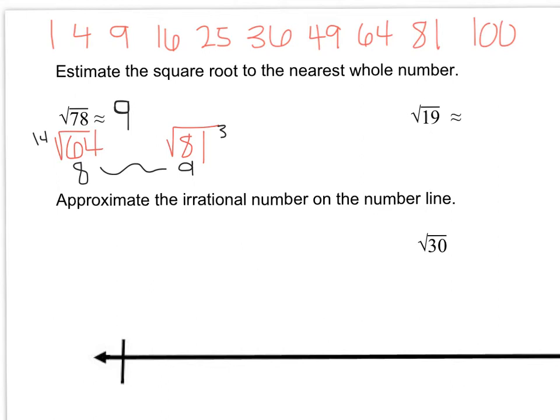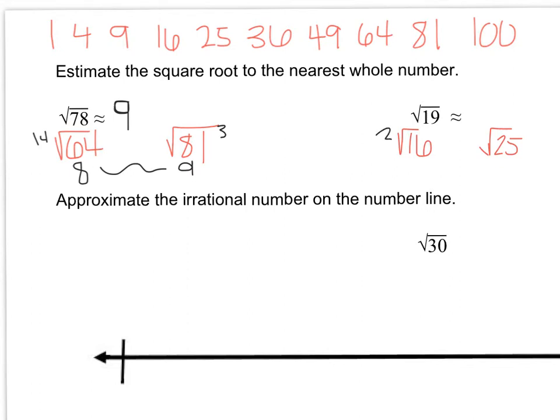Next, you have the square root of 19. Check out your perfect squares. It looks like 19 would fit in between 16 and 25. Think about your distance.